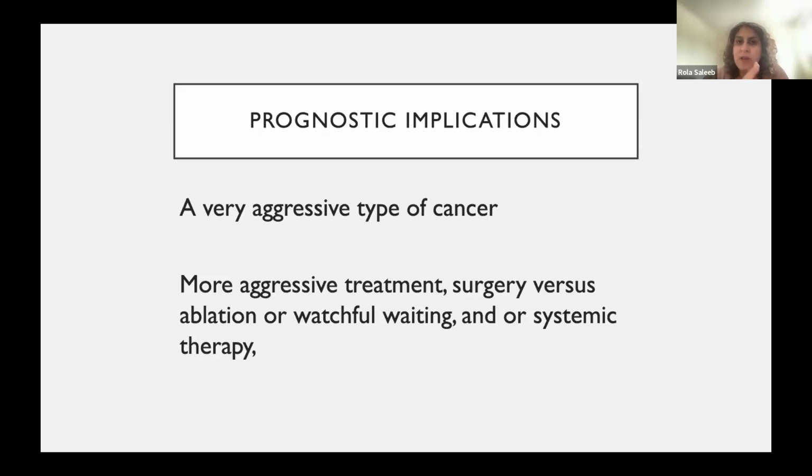Sometimes there are new technologies where they could even just burn the cancer with radiotherapy or freeze it and not even do any surgery. So there are options. But for aggressive cancers like this one, if this is FH deficient, the better treatment would be total removal of the entire kidney, because this is a very fast growing, very aggressive cancer.